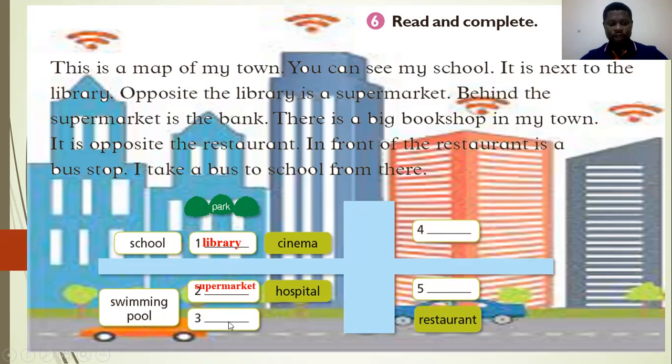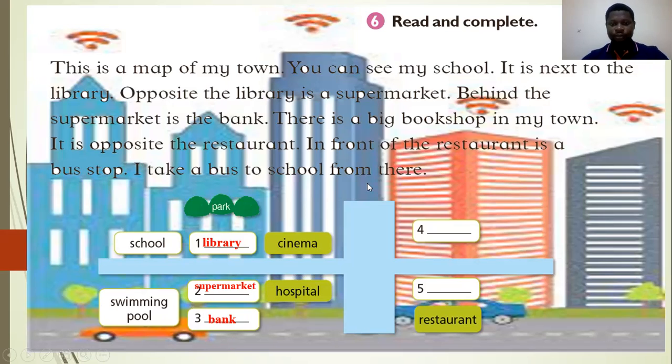So what is number 3? Because here we have swimming pool. Now, opposite the library is a supermarket, and behind the supermarket is the bank. This is opposite, and this is behind the supermarket. So what we have here is the bank.